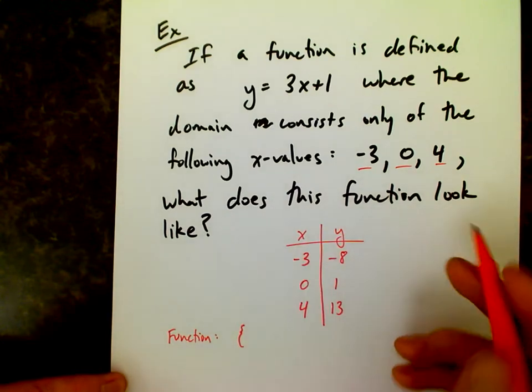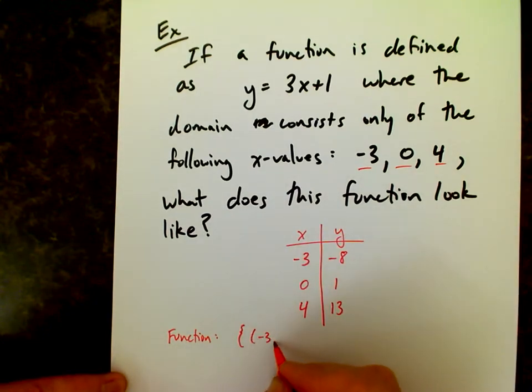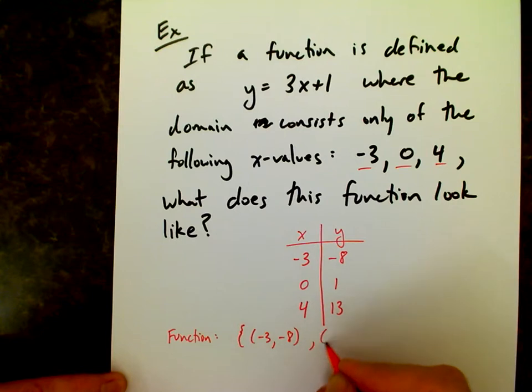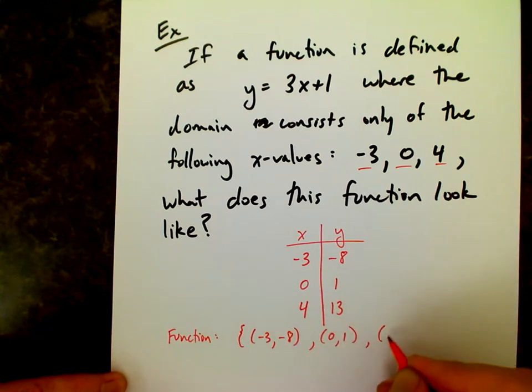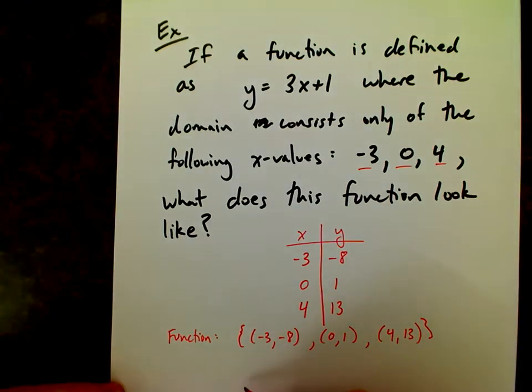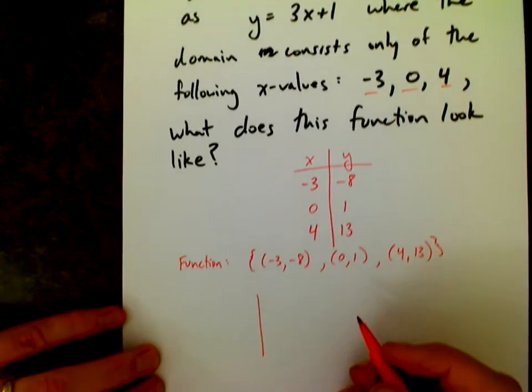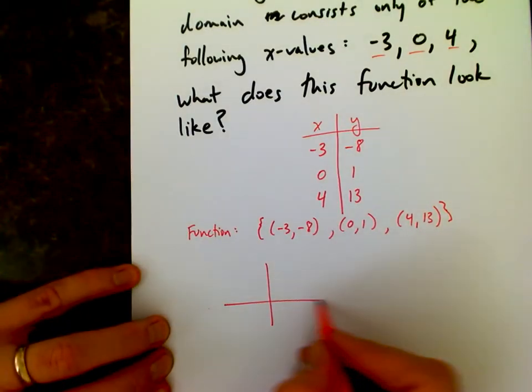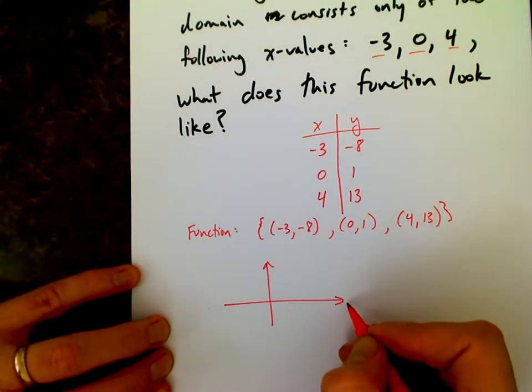So this function as a set of ordered pairs. It says, what does this function look like? One way to look at it is ordered pairs. Another way to look at it is, what if you graphed it? This is obviously not to scale.